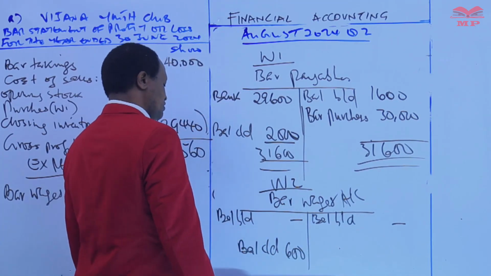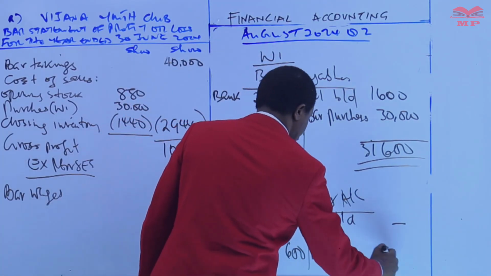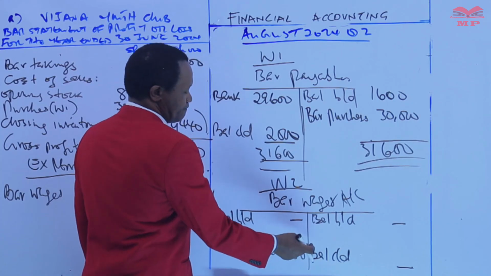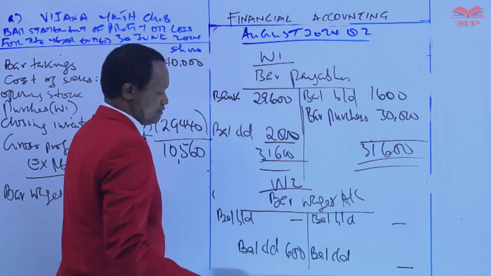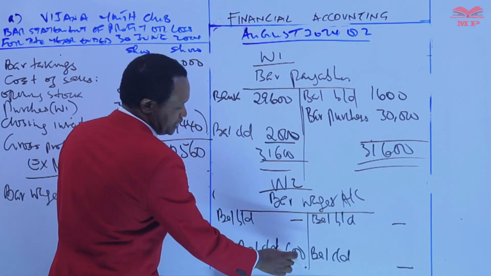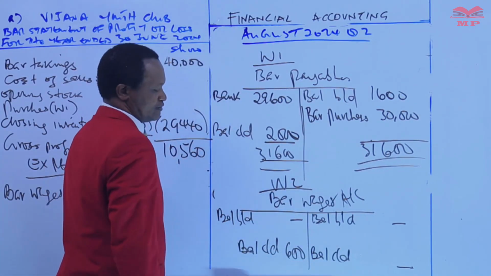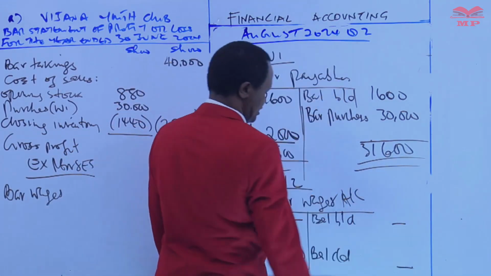But if the Vijana had paid in advance, at the end we could have it here. But there is no prepaid bar wages at the end. Unpaid expenses at the end, we debit at the end. Prepaid expenses at the end, we credit at the end.